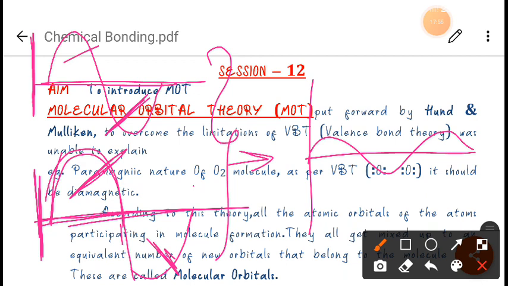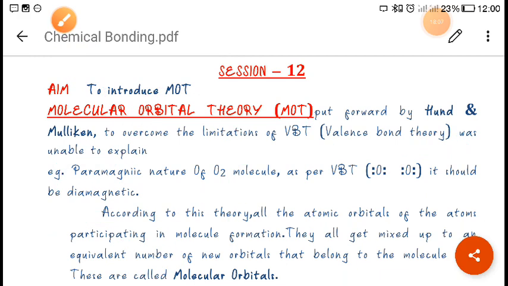Anti-bonding molecular orbital, right? So I hope you have got the idea of bonding and anti-bonding molecular orbitals. This linear combination of atomic orbitals proceeds in two forms. When two combining atoms approach each other, the atomic orbitals of comparable energy combine to form what?